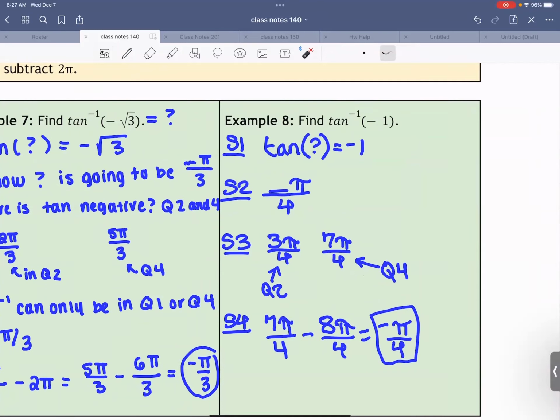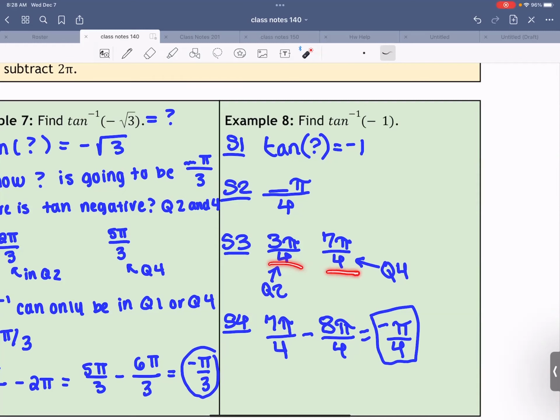So, for step 1, you would set tan equal to -1. And so using the chart, that would be pi over 4. So then I found the angles in quadrants 2 and 4 because it was negative.